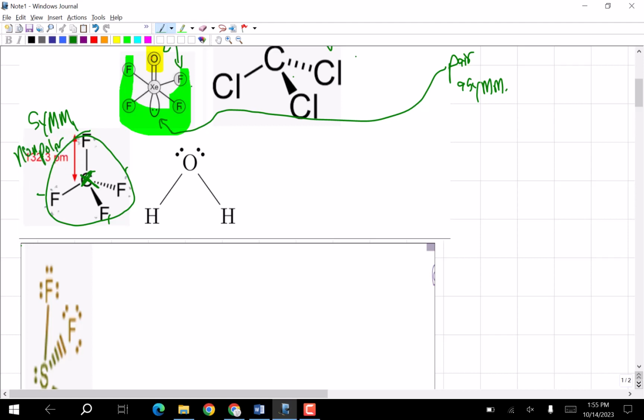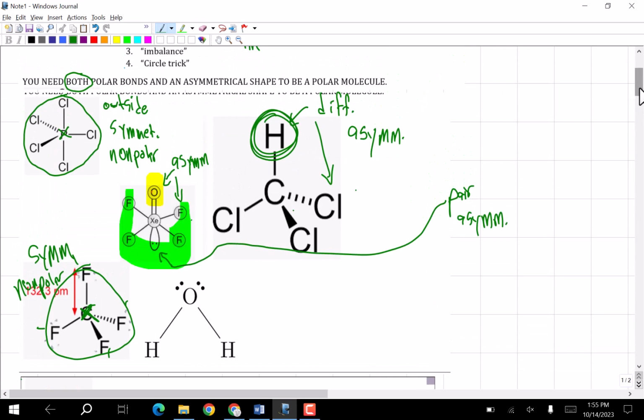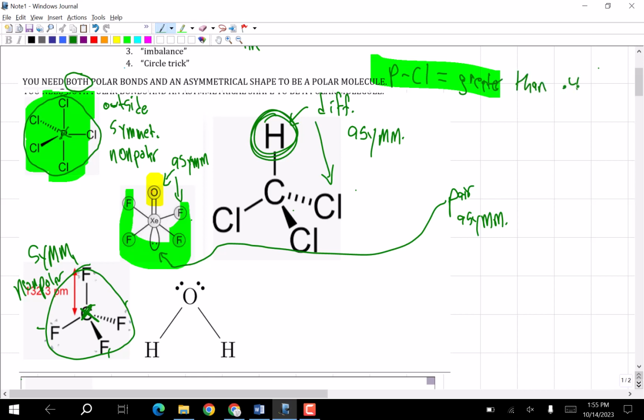So I want to go back to the ones that are asymmetrical. If you're asymmetrical, what you have to do now is look up the electronegativity values. So for this one right here, I have to take P minus Cl, and P minus Cl on my electronegativity values is greater than 0.40.